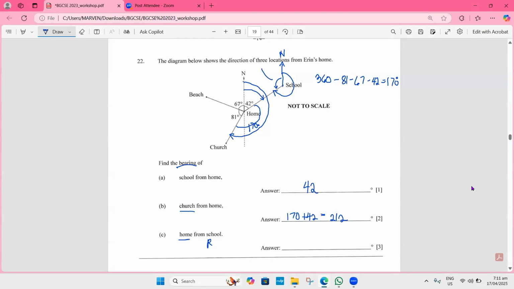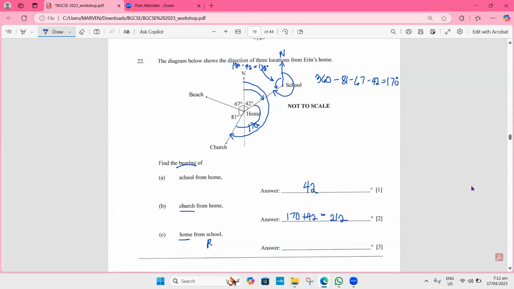Since this 42 degrees and this angle are collinear, we can get the measure of this angle by subtracting 42 from 180. So that will give us 138 degrees.